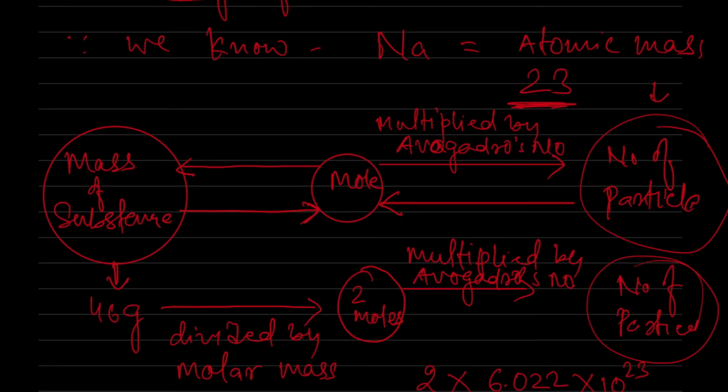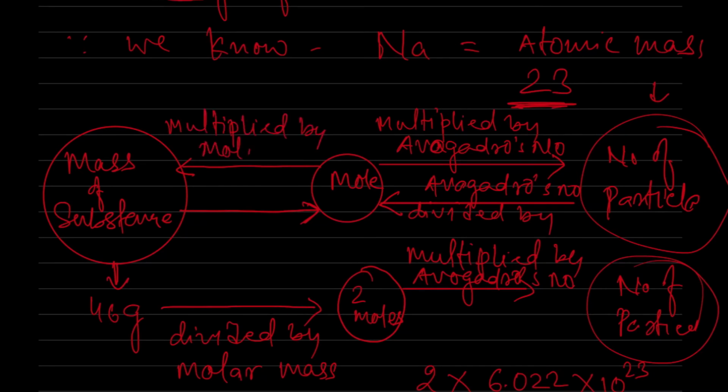And if we want to convert the number of particles into mole, then we have to divide by the Avogadro number. Okay, and mole can be converted into mass of the substance by multiplying by molar mass. Here multiply by molar mass, here divide by molar mass.